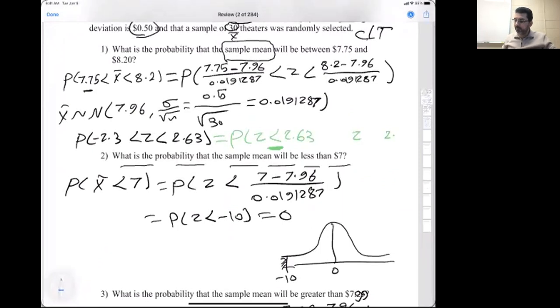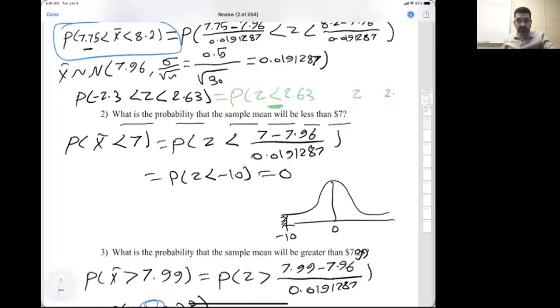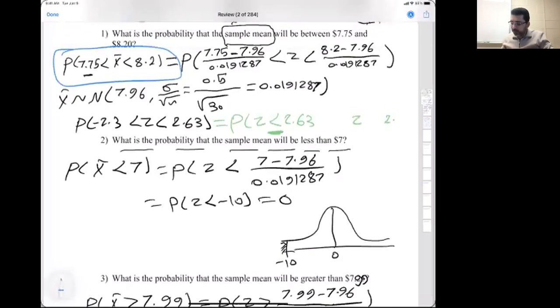So, as you can see, here we need to find the probability that X bar is between 7.75 and 8.2. If you would like to use the Excel function without transforming X bar to Z, you just use these numbers as they are. In this case, you will use the NORM.DIST function.